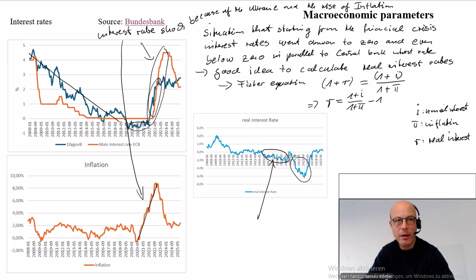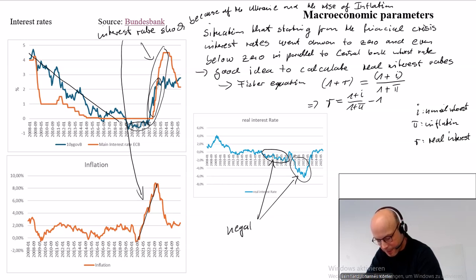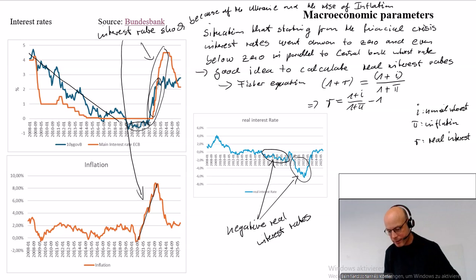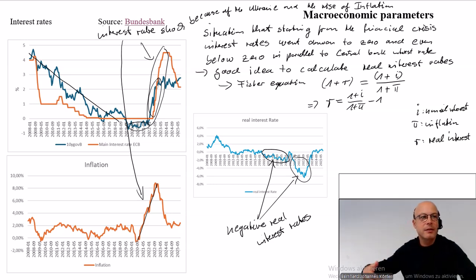So in this time, we also had the situation of negative real interest rates. Yeah, and such a situation is quite interesting because this should, in general, push you to just spend your money directly.